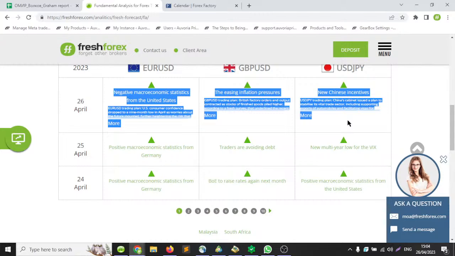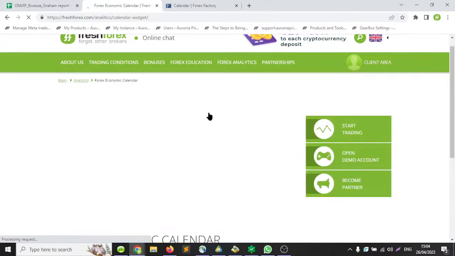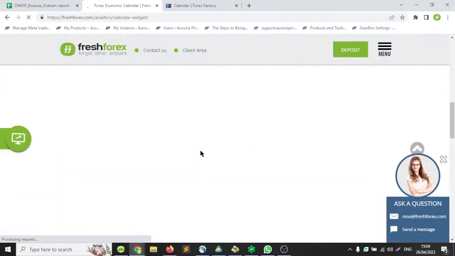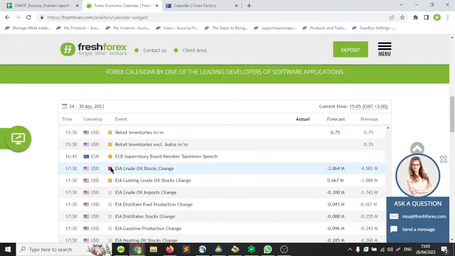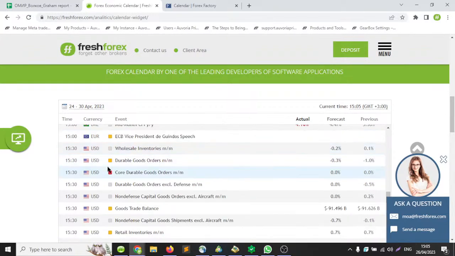So there is also a place, if you want to know exactly the news that is going to happen, we do have a very good economic calendar here. So we do have a calendar where everything is written. These colors mean way much more.